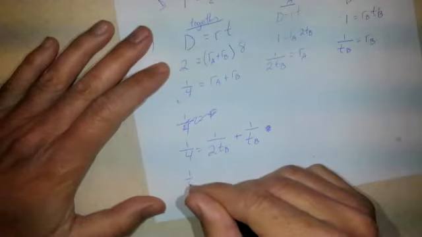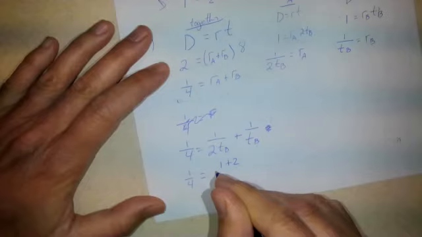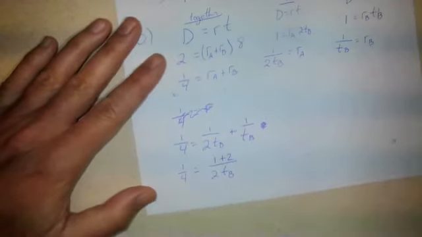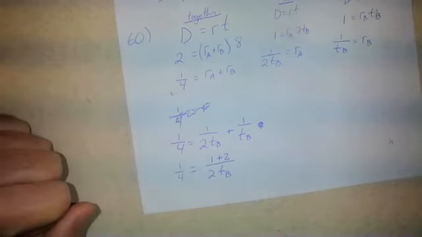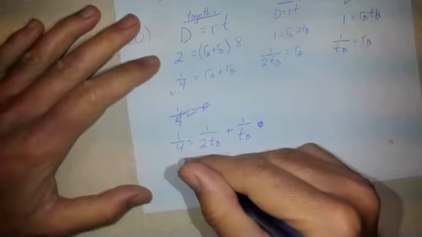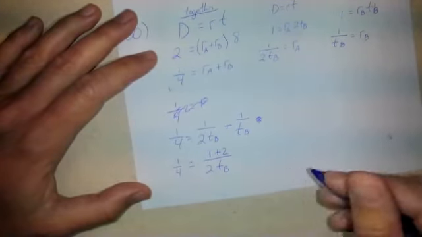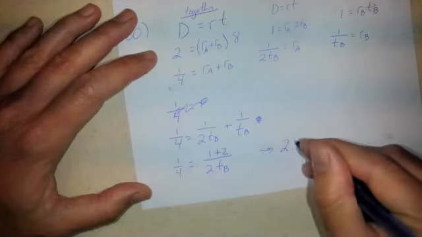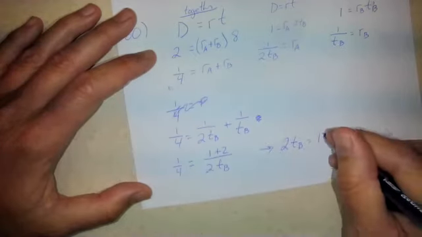So 1/4 equals 1 plus 2 over 2 times the time of B. I have a small objection to the phrase cross multiply, just because people tend to think of it as a completely different operation than just multiplying both sides by this denominator and both sides by that denominator. But when I do it, I get 2 times the time of B equals 4 times 3 equals 12.